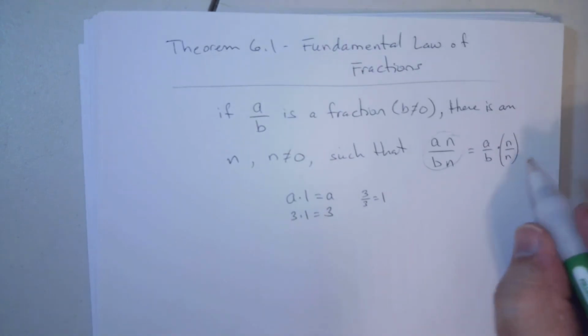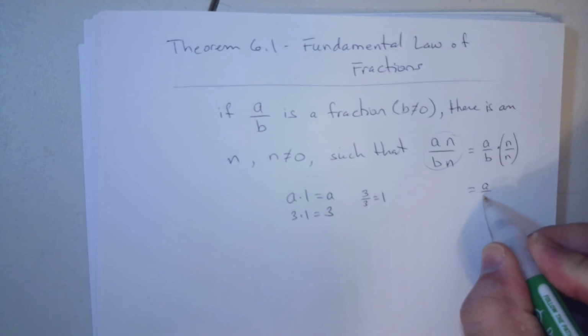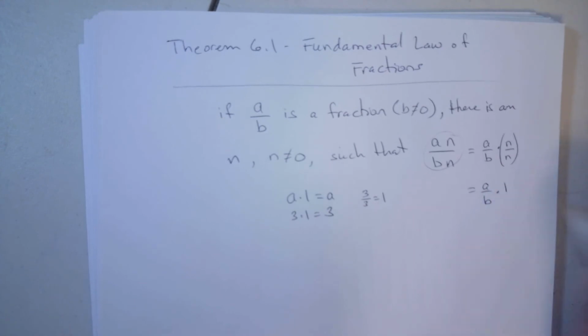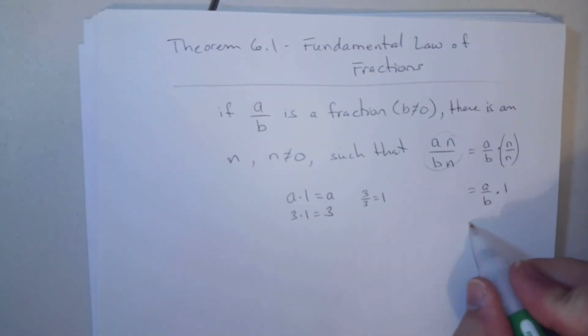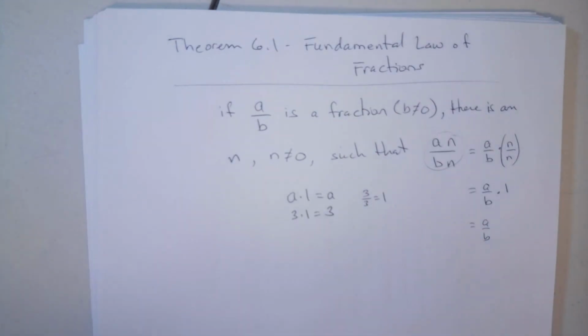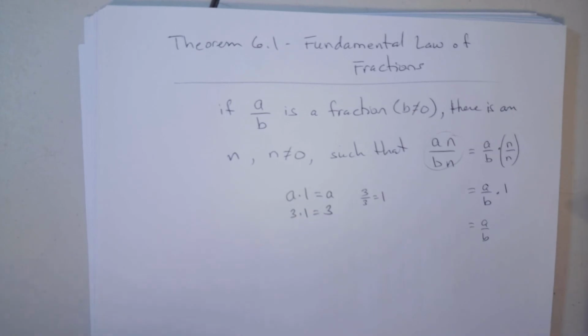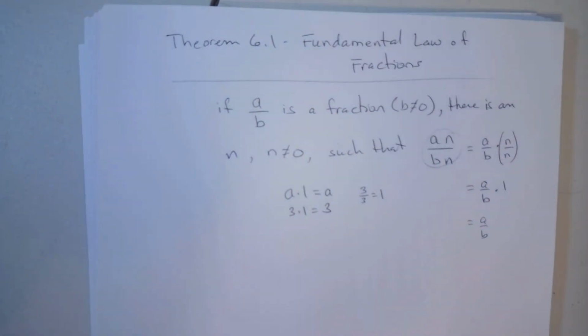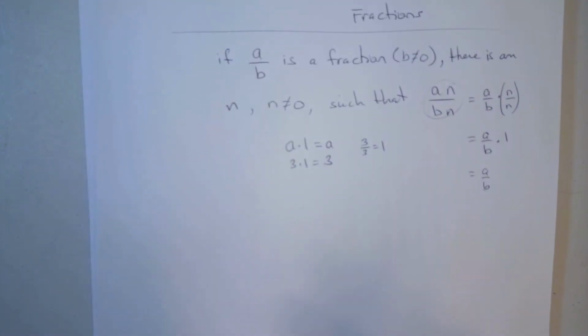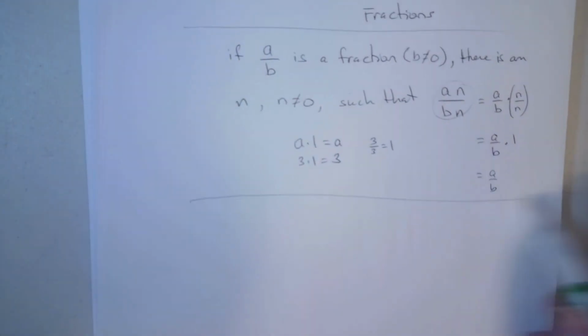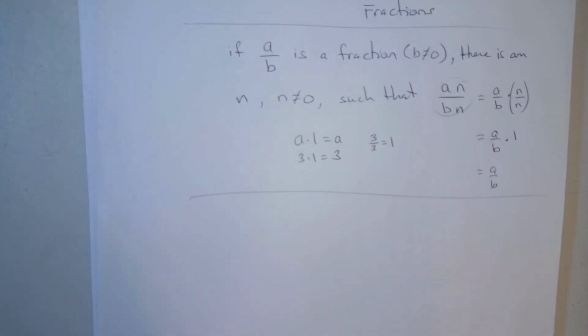What is n over n? That's the same thing as multiplying it by 1. So it means it's not going to change. The only thing it does is change the way it looks, not the way it is. Right, so that's the fundamental law of fractions.